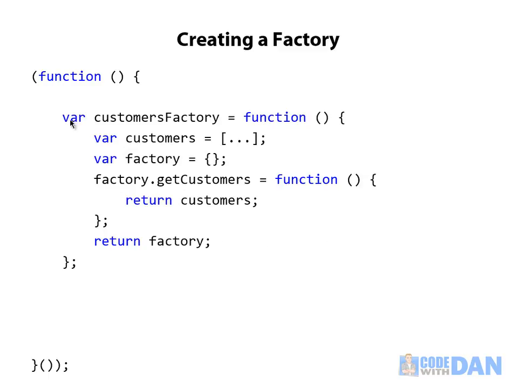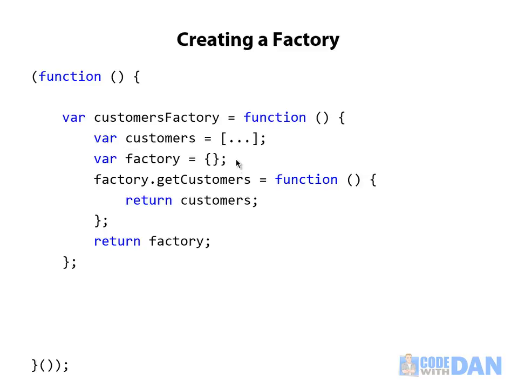Now, what we have here is our typical wrapper function to make sure nothing's in the global scope. I'm going to focus on the JavaScript for my factory first and define one called customersFactory, assign it a function, and then inside, what we're going to do is create a custom object. So in this case, we have some customers, and you'll see we'll return those here.